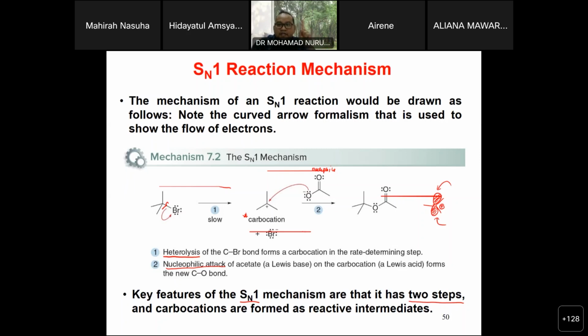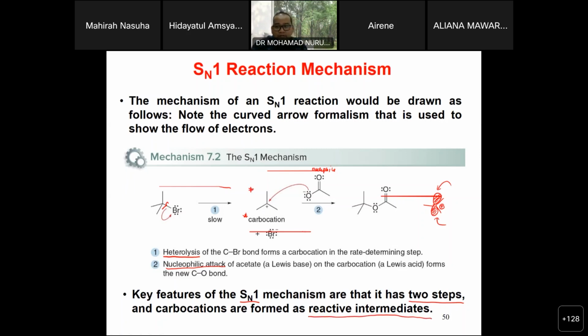The first is formation of the carbocation. The second is nucleophile attack. We classify this carbocation as a reactive intermediate.